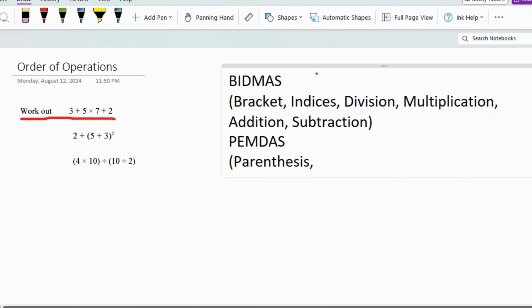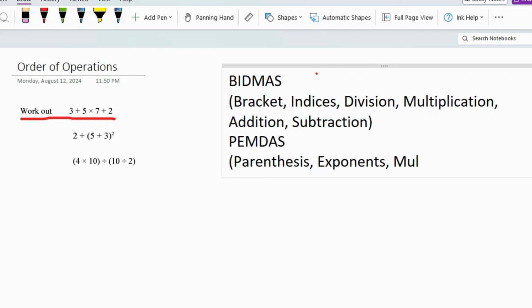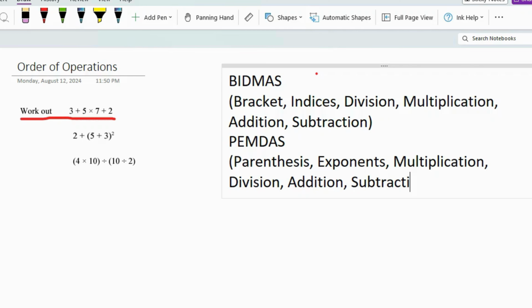We have parentheses, exponents, multiplication, division, addition, and then subtraction.